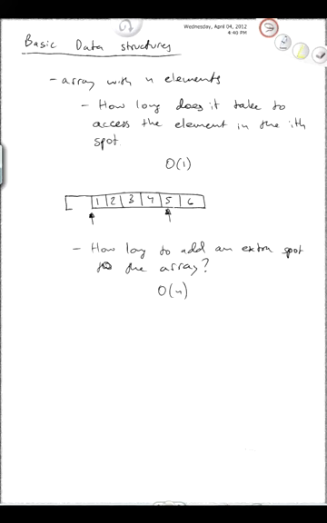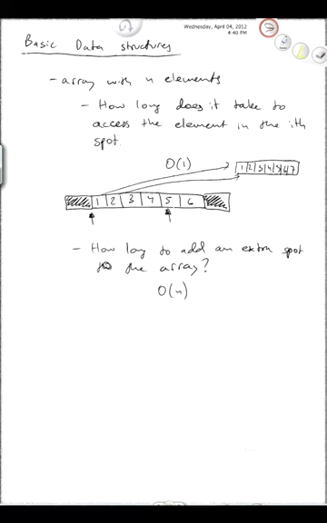Imagine that I have my array here. It currently has size 6, and it's in memory. But let's say that there's other stuff filling memory before and after the array. So I can't just add a spot right at the end and have everything work out well. So to add a 7th spot, what I have to do is find an entirely new place in memory, create 7 spots in there, 1, 2, 3, 4, 5, 6, 7. And then I have to copy over all of these elements.